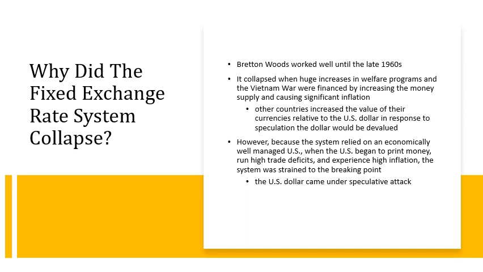To force the issue, President Nixon announced in August 1971 that the dollar was no longer convertible to gold. Now remember, in 1944 it was decided that the only currency convertible to gold was the dollar, and now in 1971 it was no longer convertible to gold.